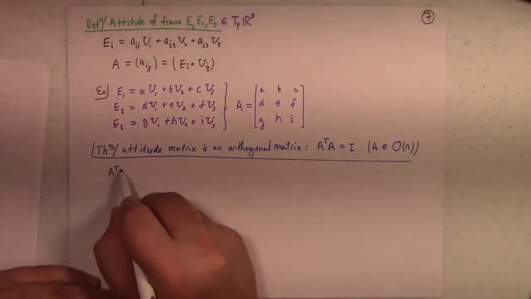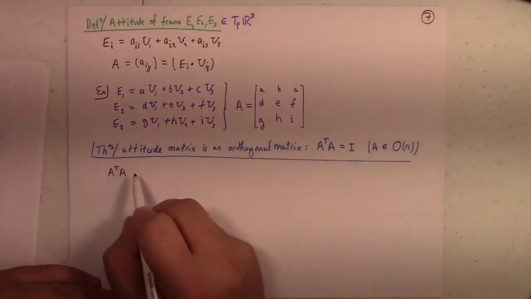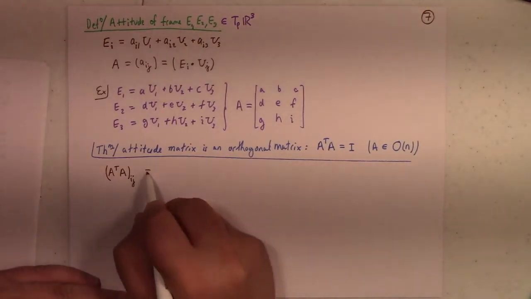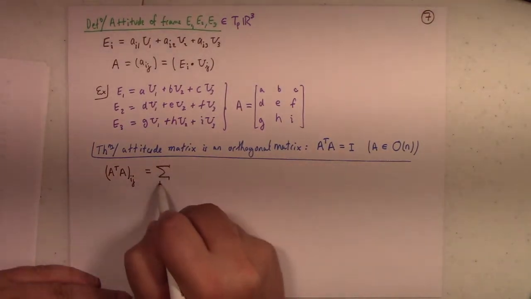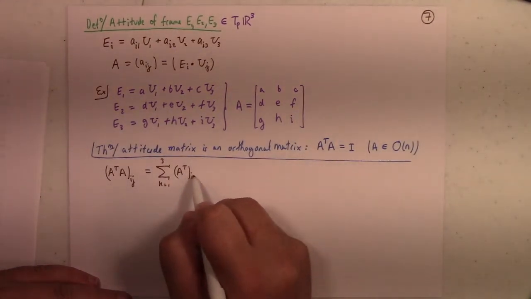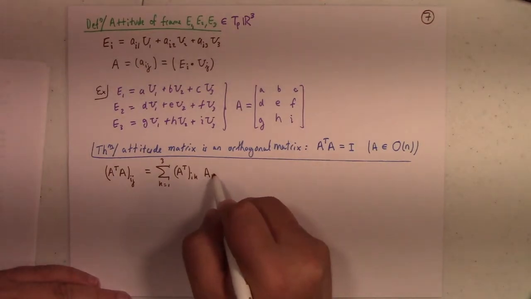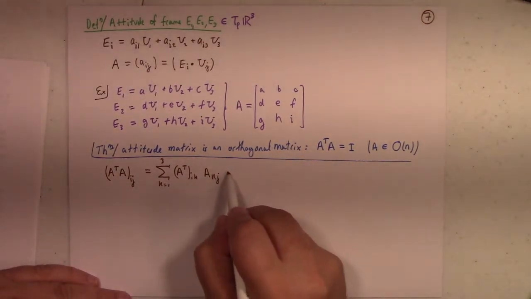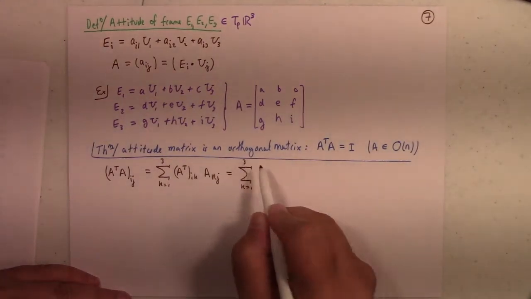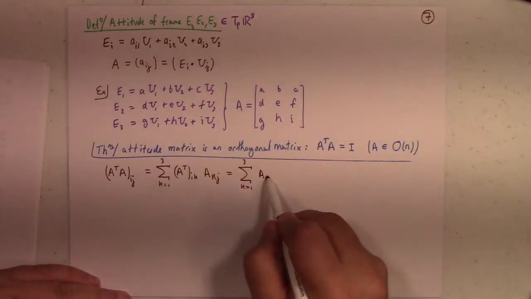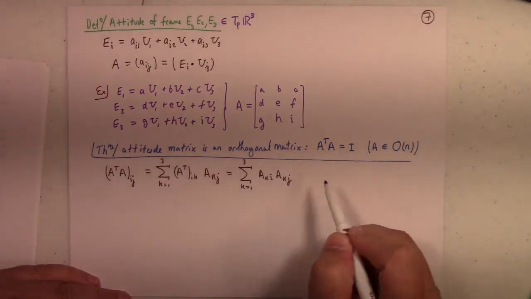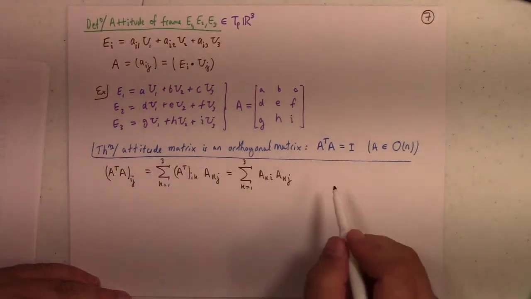A transpose A. All right, so that's a product of two matrices, right? So let's look at the ijth element of that. That would be the sum, k equals 1 to 3, of (A transpose)_ik A_kj. But that would be the sum, k equals 1 to 3, of A_ki A_kj by definition of transpose.